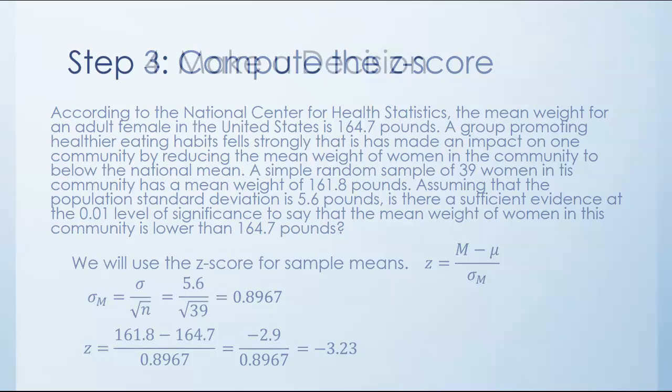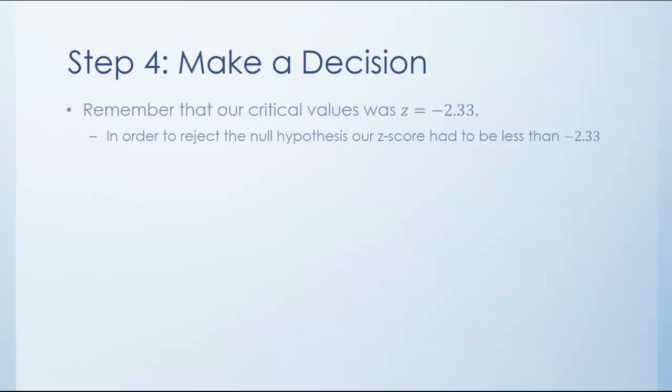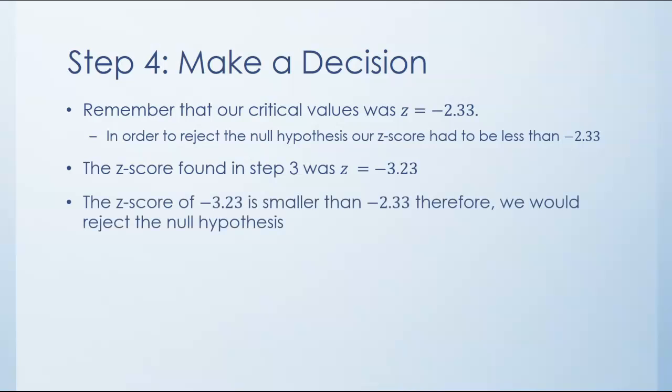Now the last thing we've got to do is make that decision. Are we going to reject the null hypothesis, or are we going to fail to reject the null hypothesis? Remember from step 2, when we figured out our critical region, we said that anything that fell below negative 2.33 fell inside of our critical region, and therefore we would reject. Our z-score from step 3 was negative 3.23. That is clearly less than our critical value, so it is falling inside of the area where we reject the null hypothesis.